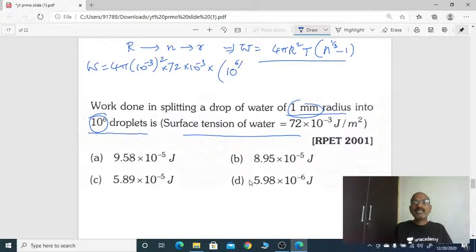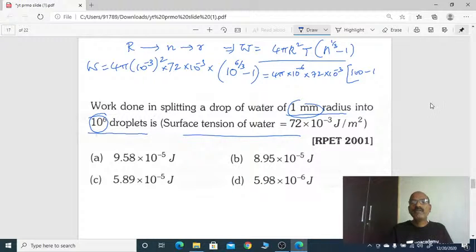So 10 power 6 by 3 minus 1, equals 4 pi into 10 power minus 6, that is 2 into minus 3, into 72 into 10 power minus 3 into, 3 2s are 6, 10 square, 100 minus 1.